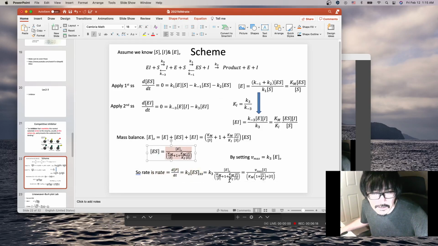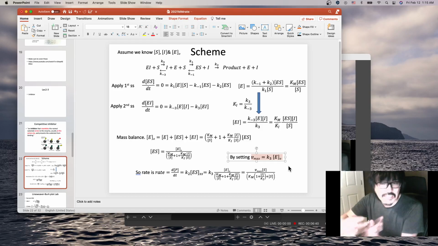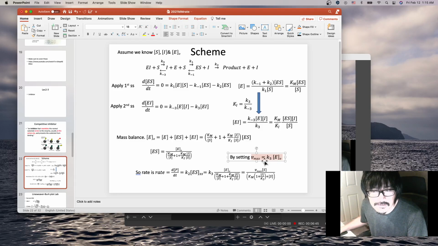You get this one. Now, by setting Vmax equal to k3 E0, and that makes sense, right? Because if all the starting enzyme is reacting with the substrate, that's when the maximum rate happens, right? So Vmax is equal to k3 E0, and that will replace that one and that one, and then I get these things right here.